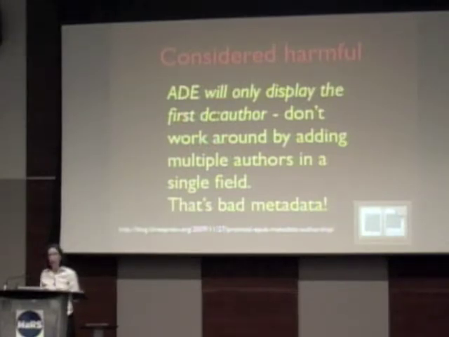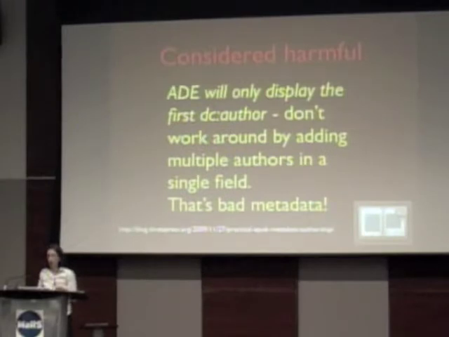There are tiny little bugs that just drive me insane that happen to be in ADE, and I see people work around them. This particular example is that ADE will only display the first author in the ePub metadata up in the little left-hand corner. So instead of properly formatting lists of authors as different elements in the book, people stuff them all into one.